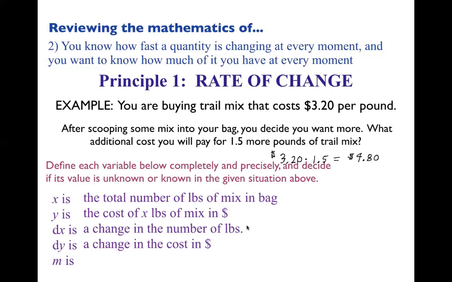That varied starting at 0. We had a bunch in there, and then we started pouring more in. dy varied from 0 up to 4.8. By the time the whole scoop was dumped in, dy reached a value of 4.8. M is our constant rate of change, and that's $3.20 per pound.